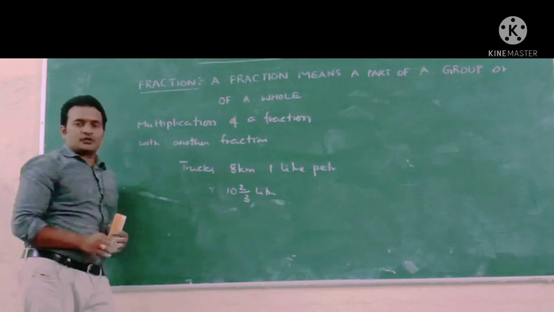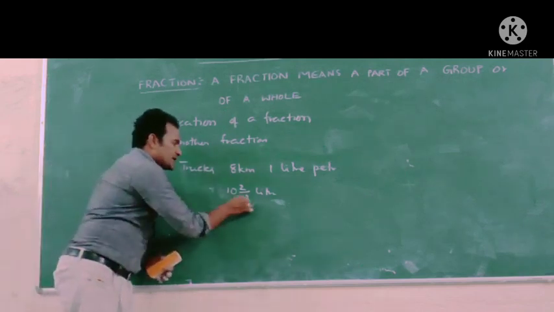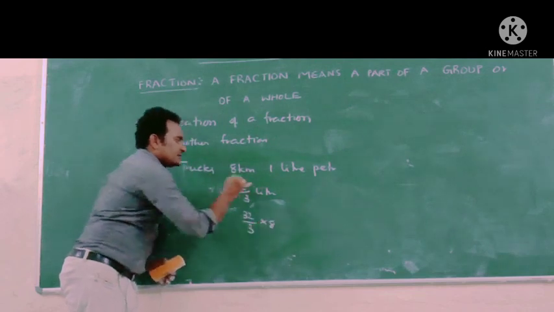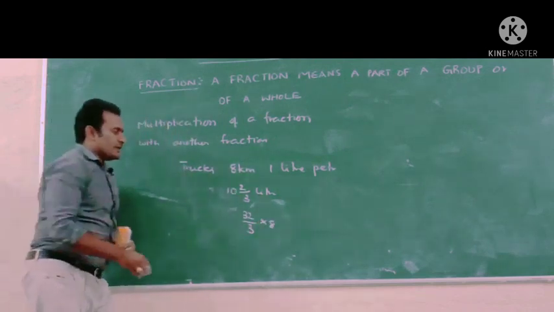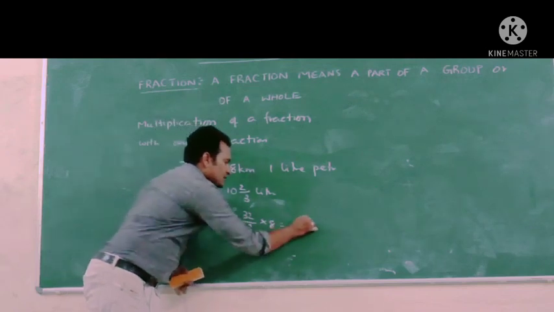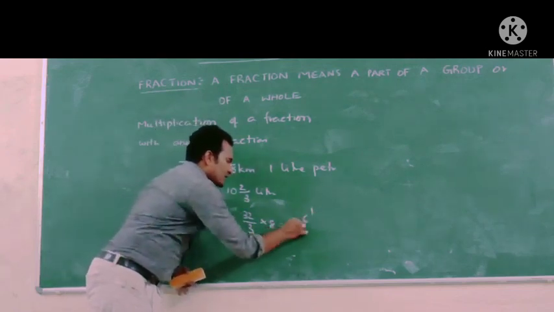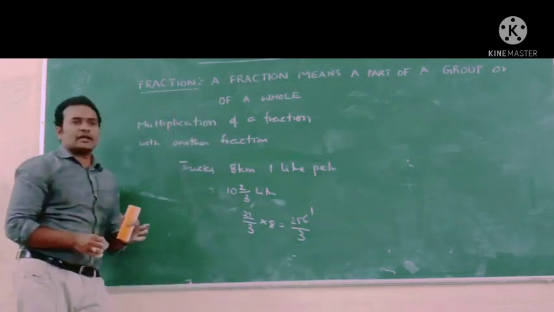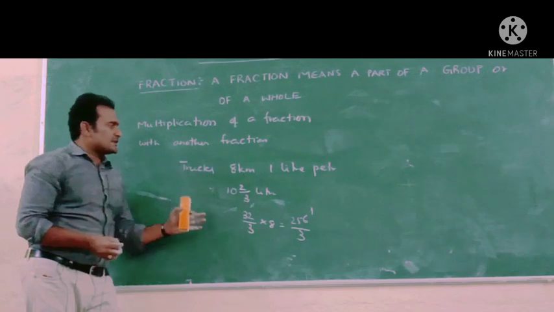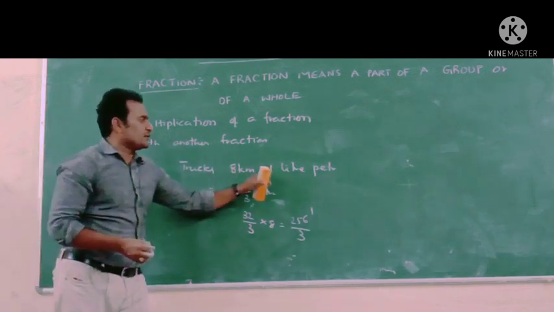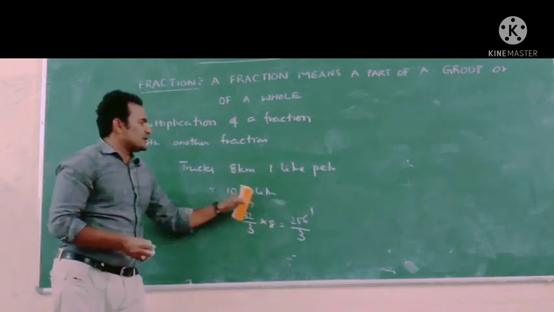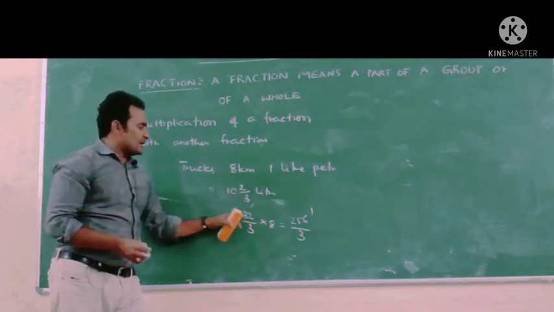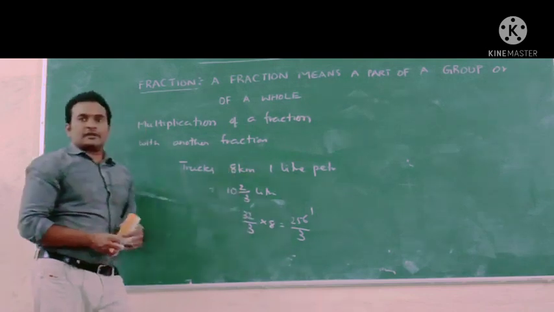First change 10 2/3 into an improper fraction. 3 times 10 is 30 plus 2, 32/3, into 8. So 8 into 32, 256/3. So 8 kilometers can be run with 1 liter of petrol, and with 10 2/3 liters it is 32/3 into 8 kilometers.